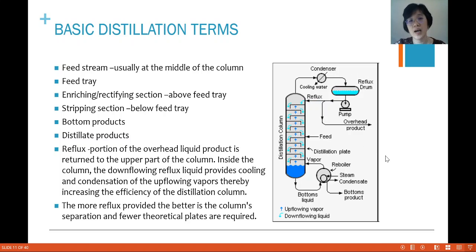We also know that the more reflux we put, the more we are able to enhance the column separation, and at the same time, we can reduce the number of theoretical stages required in the column.